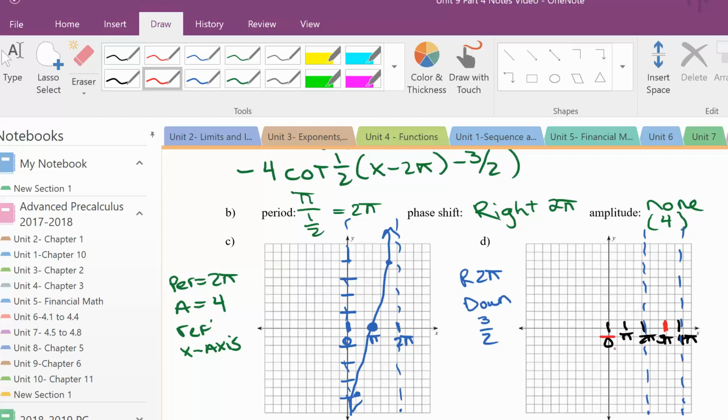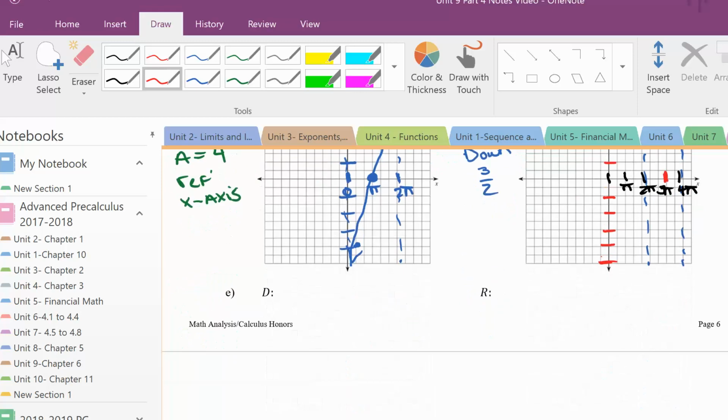So if we make our scale, I'm going to space it out a little better. 2, 3, 4, 5. And then 1, 2, 3, 4. So now it went down 3/2. So it was at negative 4 here. So now it's going to go down 1, 2, 3, 4. So it's going to go down to negative 5.5.